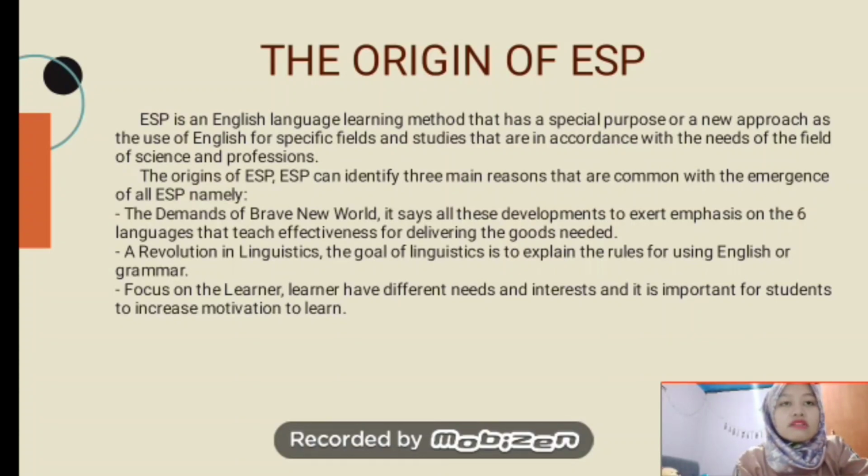All these developments exert emphasis on language teaching for effectiveness in delivering the goods needed. The second, a revolution in linguistics. The goal of linguistics is to explain the rules for using English grammar.